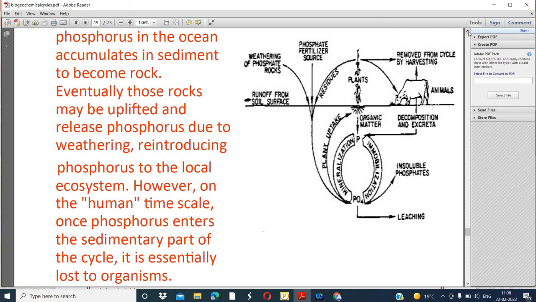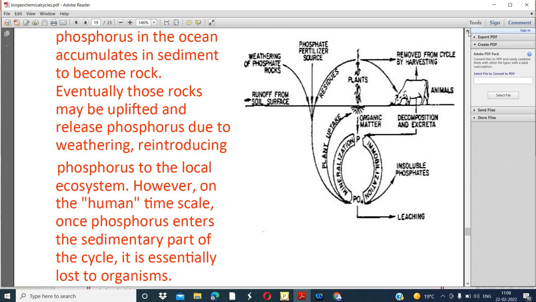So we can ensure the availability of phosphorus in the soil, okay, by helping in the running of this cycle. So we should not do activities that may become harmful in the cycling of the phosphorus or any minerals.